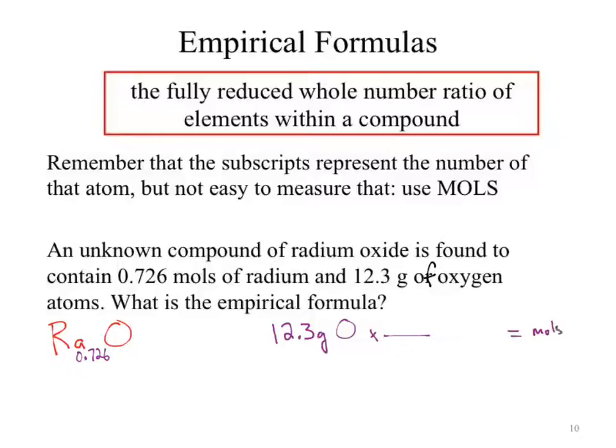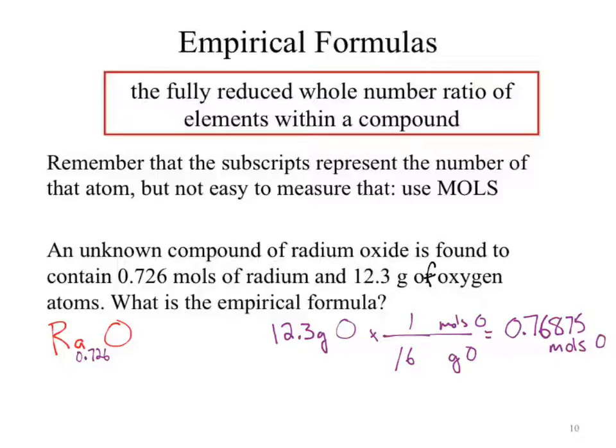Moles of oxygen, of just O. What is the relationship between the grams of oxygen and the moles of oxygen? 16 grams is 1 mole of oxygen, and you know that because of the periodic table. Since you got a calculator, what did that give you? 0.768. No, I'm stopping there. That's too much.